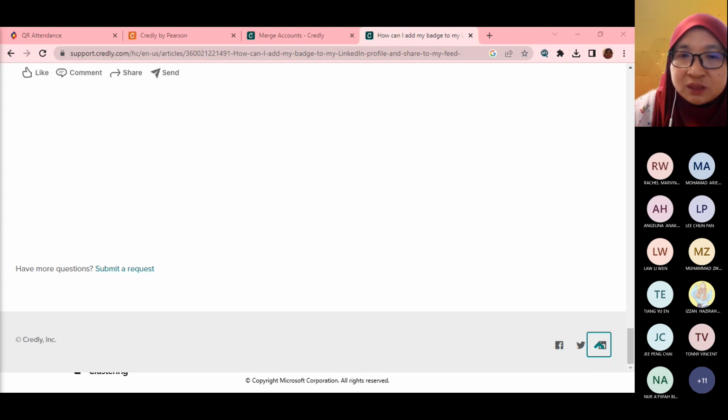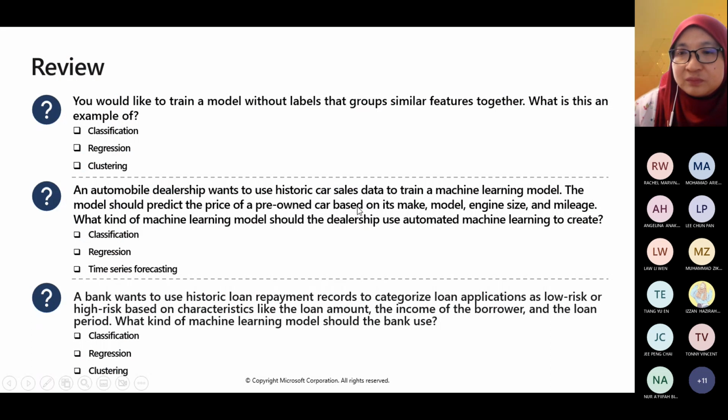Okay, the question. The first quiz. So you would like to train a model without labels that groups similar features together. What is this? An example of what is this?